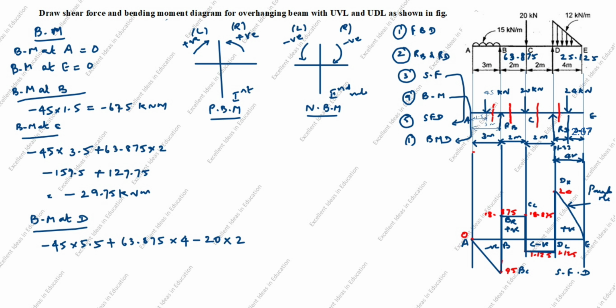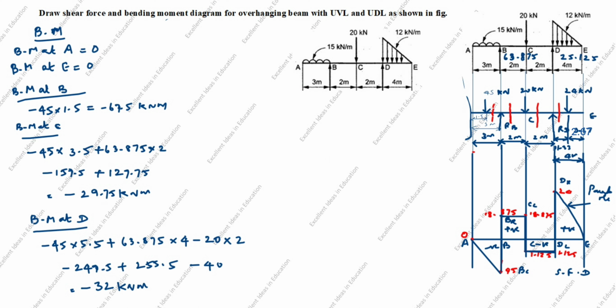Minus 45 into 5.5 is minus 247.5, plus 63.875 into 4 is 255.5, minus 20 into 2 is 40, equal to minus 32 kilonewton meter. This is all left side calculations. Left side only we calculate. Right side also you can calculate. The same answer comes.